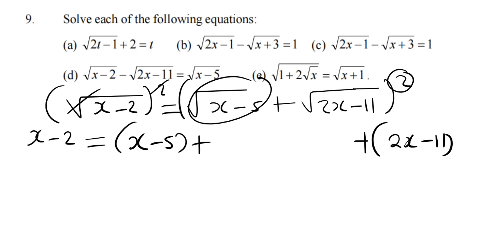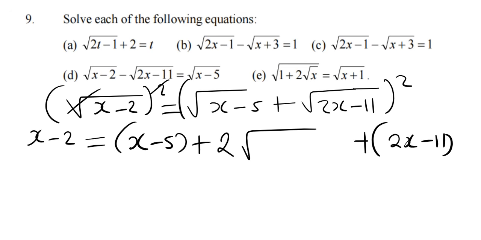Then that expression again multiplied by 2x minus 11. Alright, so therefore now what am I going to have? I'm going to have 2. Since these two expressions are multiplying in the brackets, they are going to multiply just the way they are multiplying in the brackets. I'm just going to write them under a root.